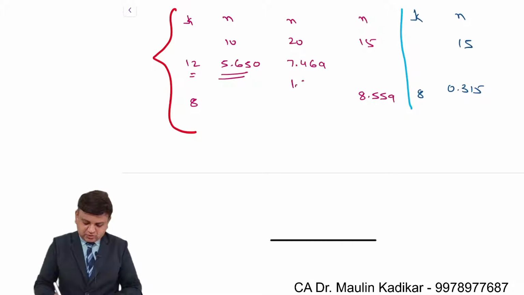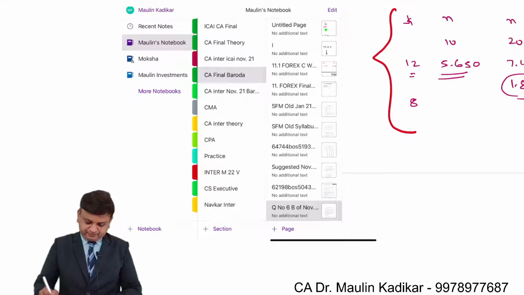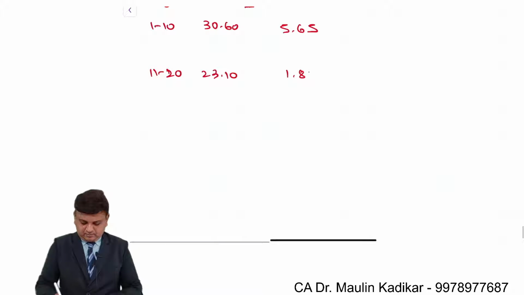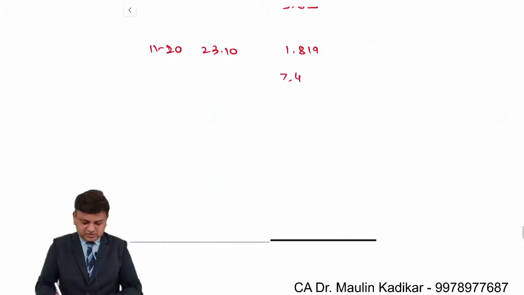Okay, so this is 1.819 for the remaining 10 years. So 5.65 for the first 10 years and for the remaining 10 years it is 1.819. How is this calculated? 7.469 minus 5.65.